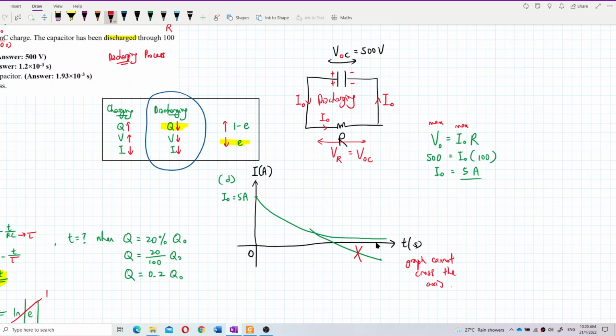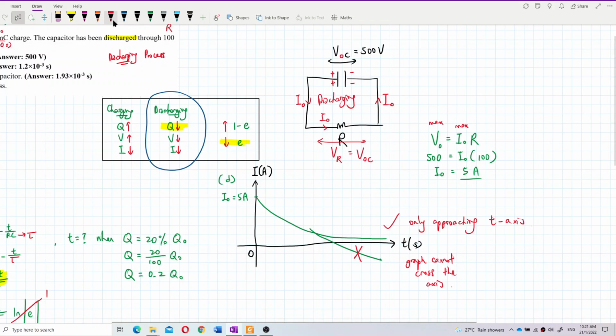The above one is correct, only approaching the time axis. Because it's an exponential graph, it will not cross the axis, not even touching the time axis.